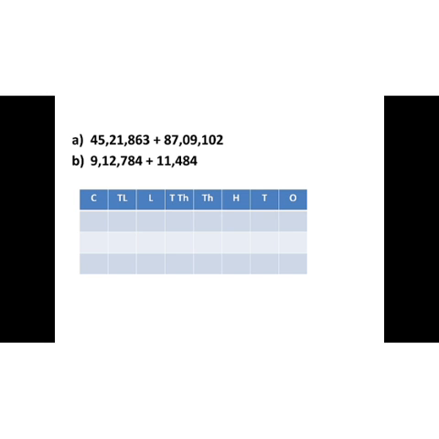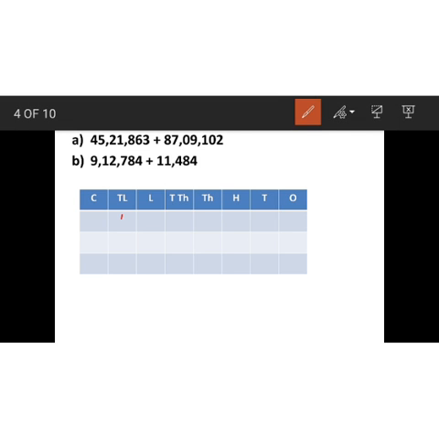So we will write 45 lakh 21,863, and it should be added to 87 lakh 9,102. So when we are adding, let's do 3 plus 2, we get 5.